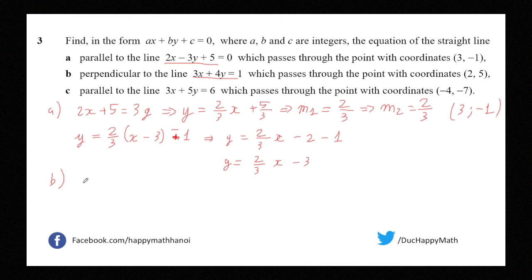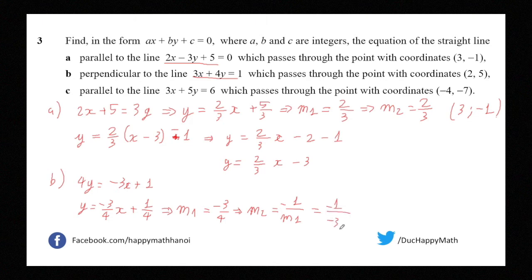From this line, 4y = -3x + 1 and y = -3/4 x + 1/4. So we get m1 = -3/4. Perpendicular means m2 has to equal -1 divided by m1, so -1 divided by -3/4 equals 4/3. And the point we have is (2, 5).